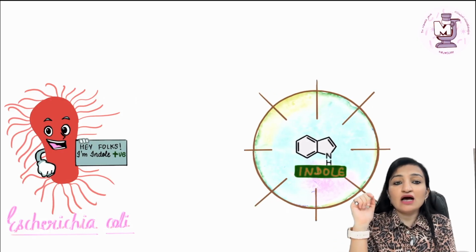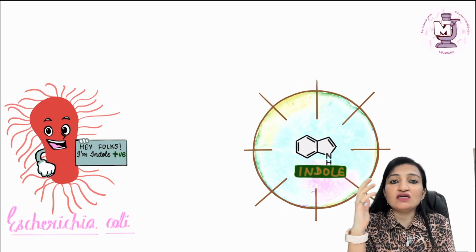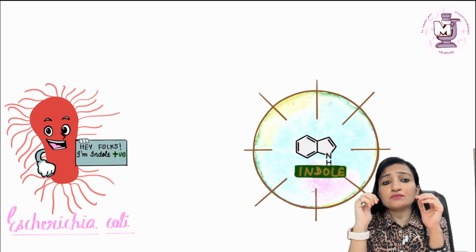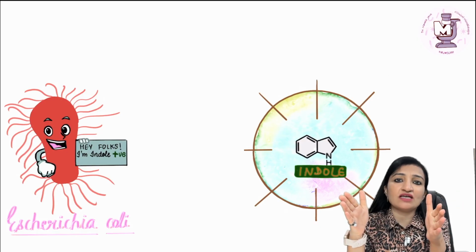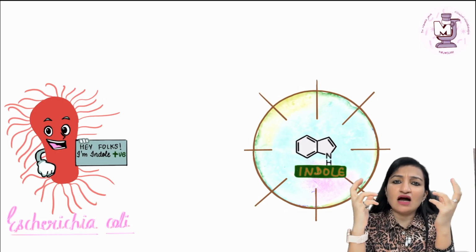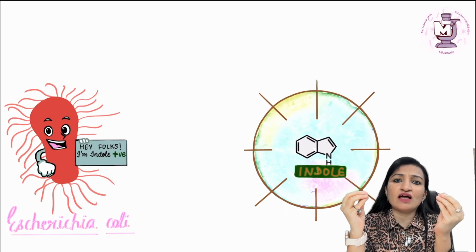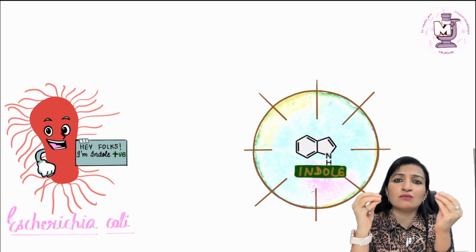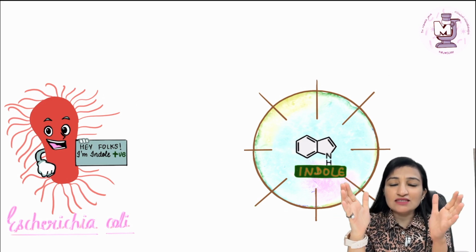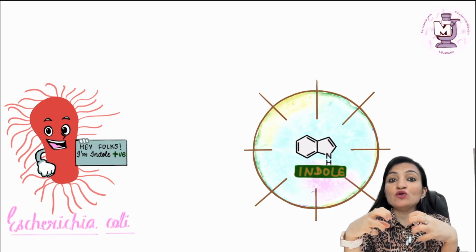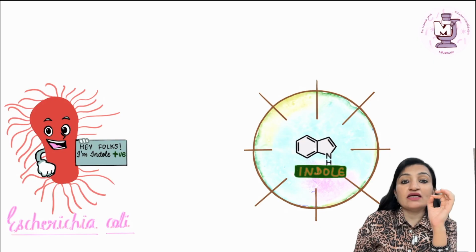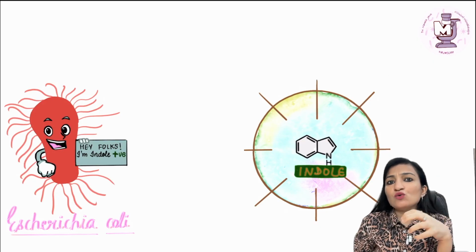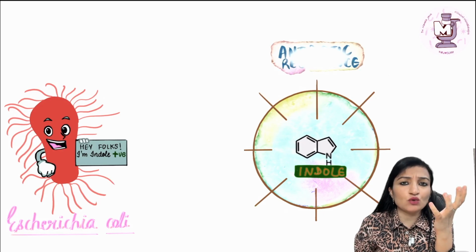All right. Now they say there are no free lunches in the world. So why are organisms like Escherichia coli and other indole positive organisms after the life of tryptophan, breaking it down into indole, ammonia, and pyruvic acid? The reason is these bacteria get some advantage from indole, and indole contributes to a lot of useful things for these bacteria.